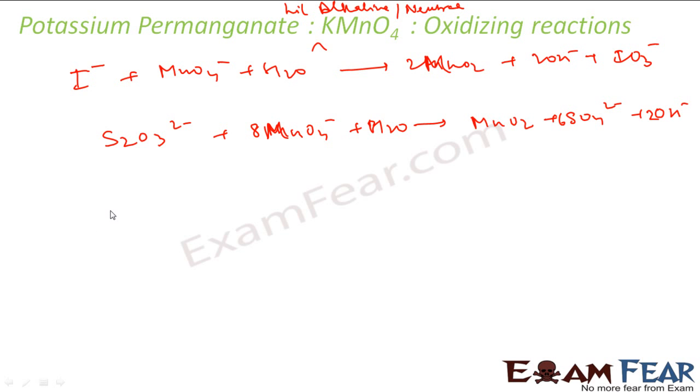Same thing with manganese salts, they are oxidized to MnO2. So I have MnO4 minus with manganese salt and some water molecules. It will all get oxidized to MnO2. So this is the balanced reaction. So thus we see that KMnO4 is a strong oxidizing agent in case of acidic medium.